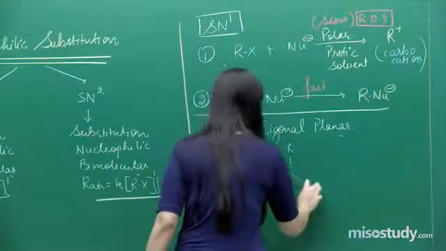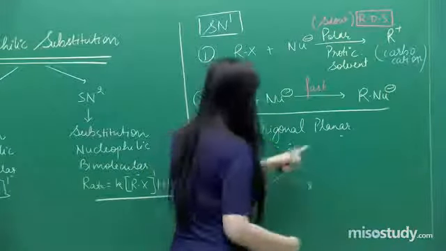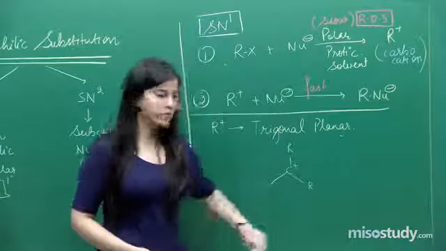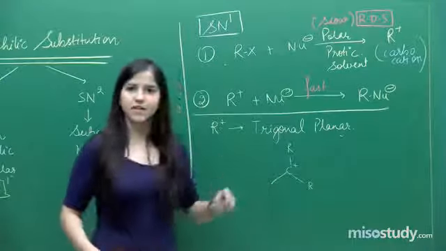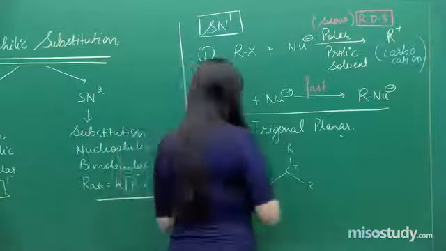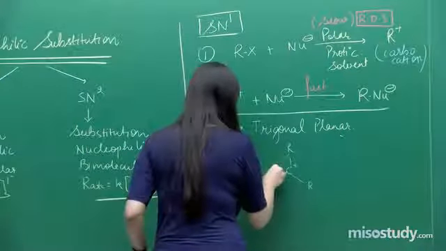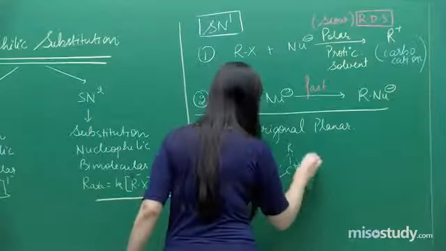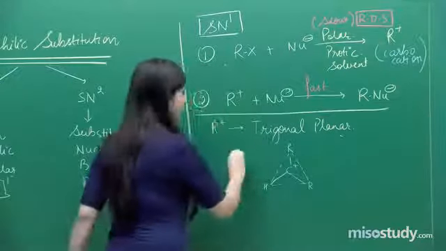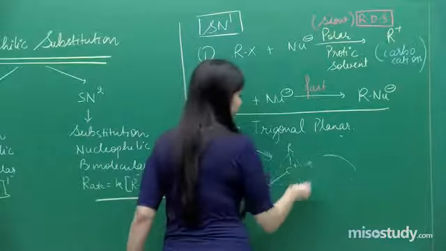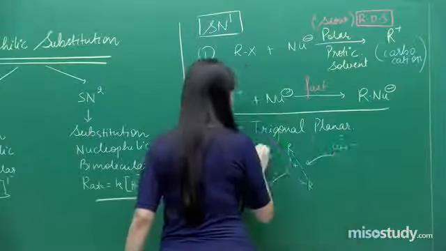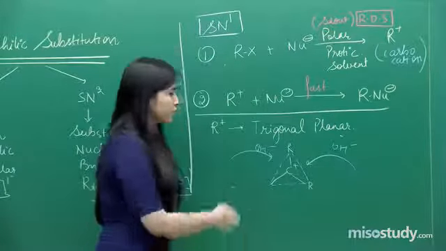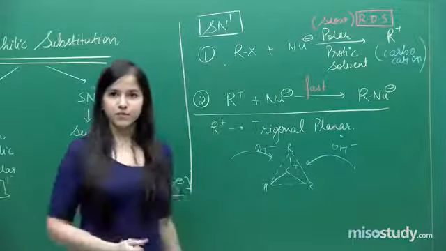Maybe something like this, right? It depends upon the type of carbocation which is formed. So I'm randomly taking the secondary carbocation over here. With trigonal planar geometry, you need to remember that attack could be possible from this side or that side. That is the final attack of the nucleophile I am talking about. So either way I can get the product.